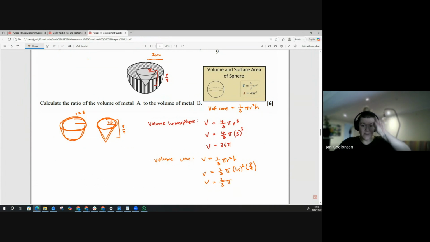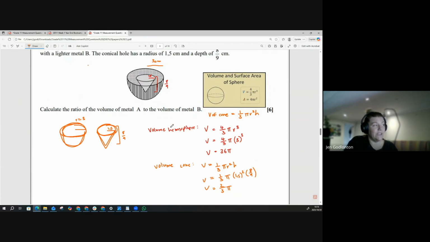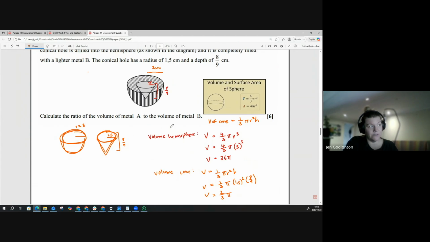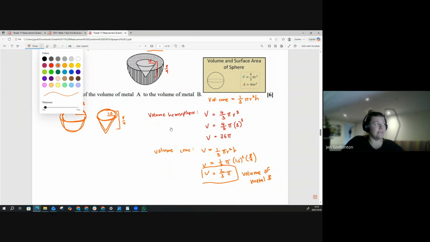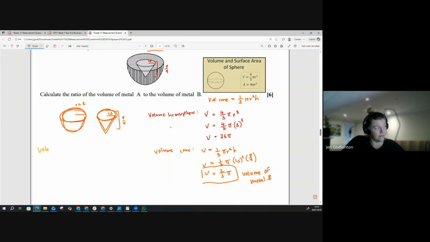Okay, so now I have my cone and I have my sphere. They're asking for the ratio of volume of metal A to the volume of metal B. This is the volume of metal B, because that's our cone. But to get the volume of metal A, we have to take our hemisphere, so our 36 pi, and minus our cone.